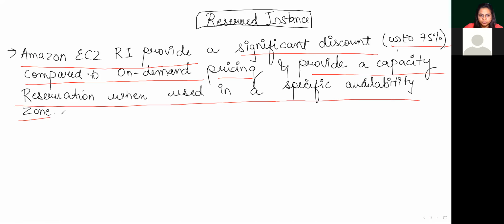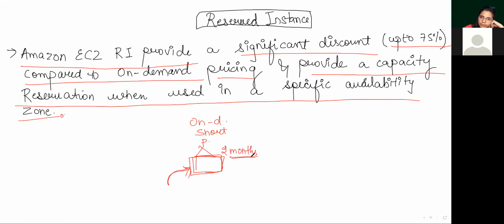So what they are trying to say, see, on-demand we take for short periods, right? There's a person who comes to you and says, I want to buy this house for 2 months.